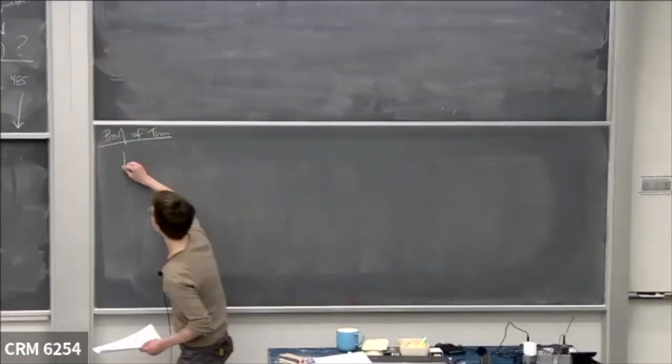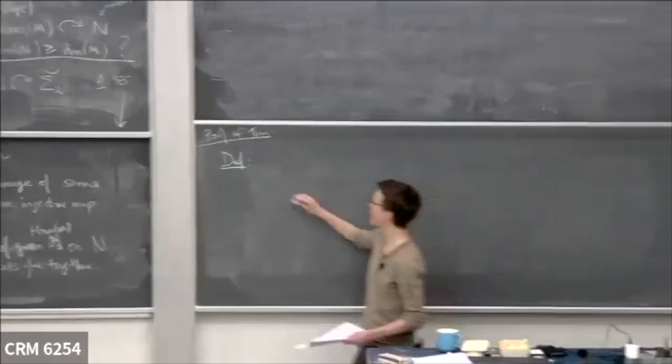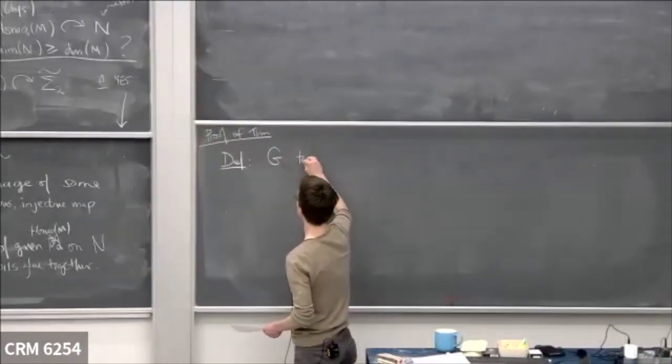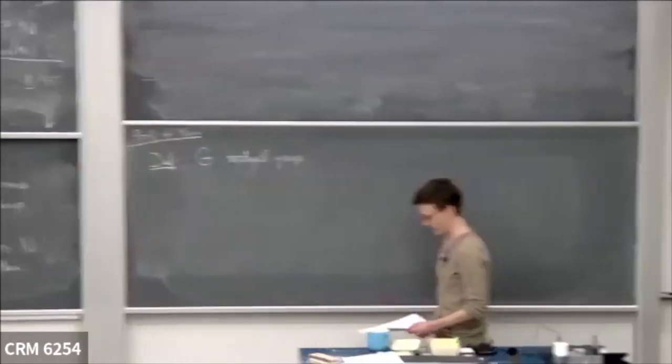I'm going to start with a definition. This is just a definition for any topological group. So let's say G is some kind of topological group. We'll see why this is a useful concept in a moment.